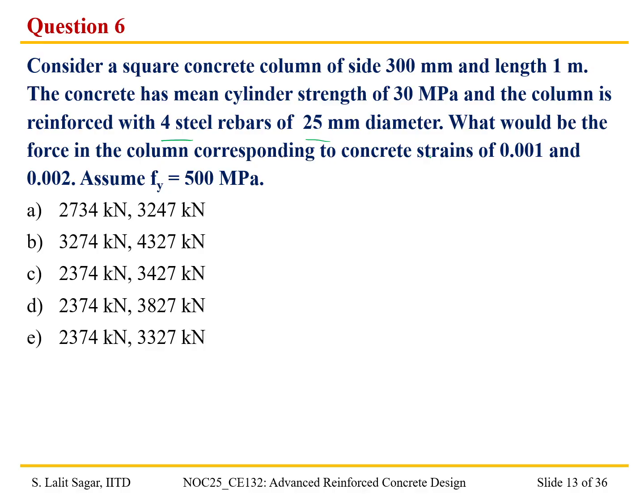So I'm going to start solving the problem by drawing the cross section of the column first. The outer dimensions of this column are the same as the previous problem, so we have a square concrete column.